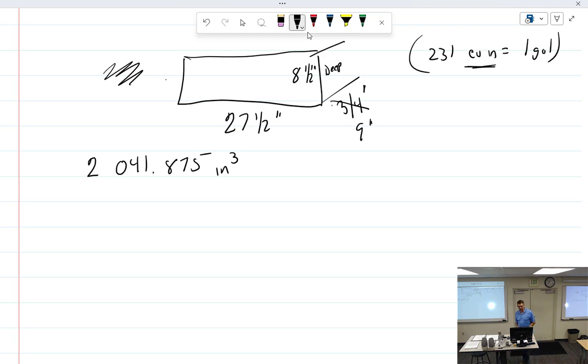So am I going to multiply this by 231? We are not. We want to see how many 231s are in there. So we're going to divide by 231, and we get 8.84. How did we get 2,041.875?